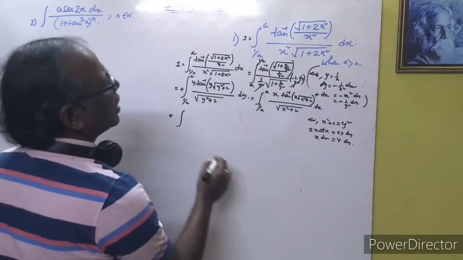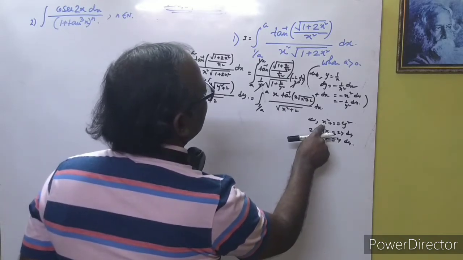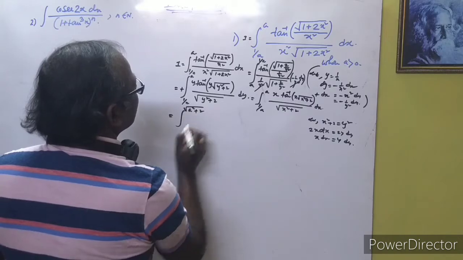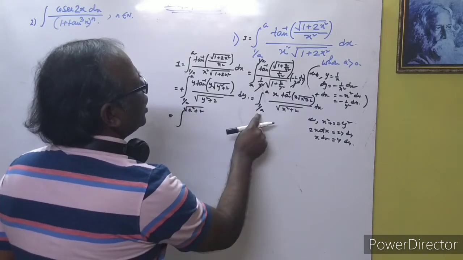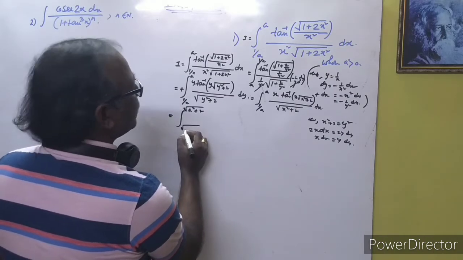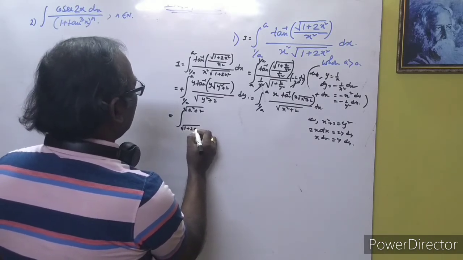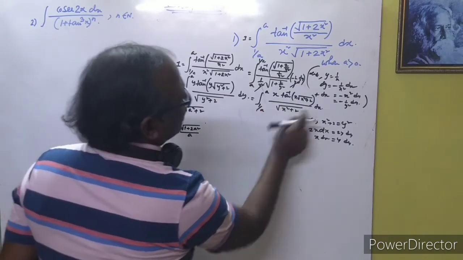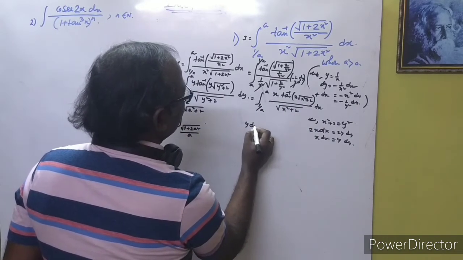So change the limit here. If we put here a, then we get here a square plus 2. If we put the limit here 1 by a, then that is 1 by a square plus 2. X dx, that is y and dy.